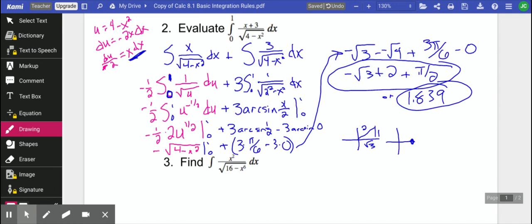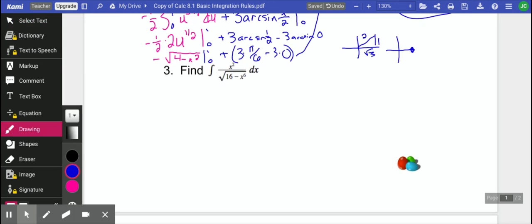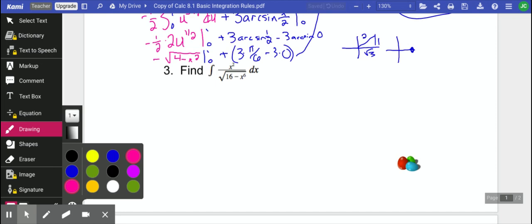Yeah, let's do this. Let's do this last one. All right, number 3. Let's see what kind of trouble we can get in here. Well, we might think about a u substitution. That's a lot of times what we start with.